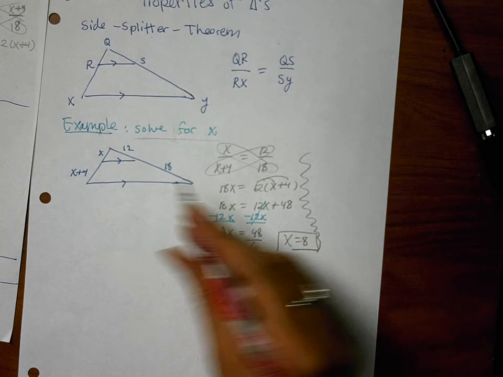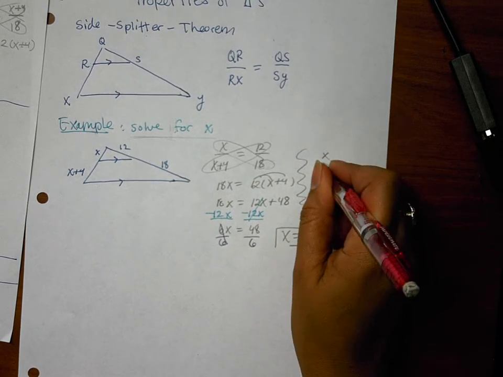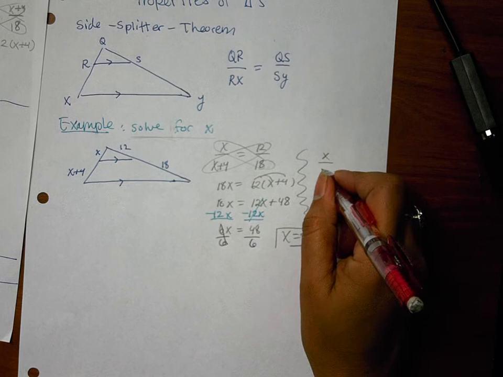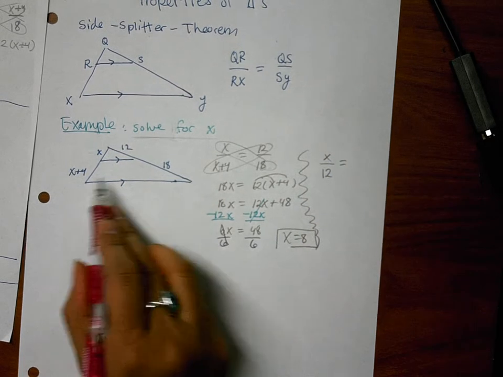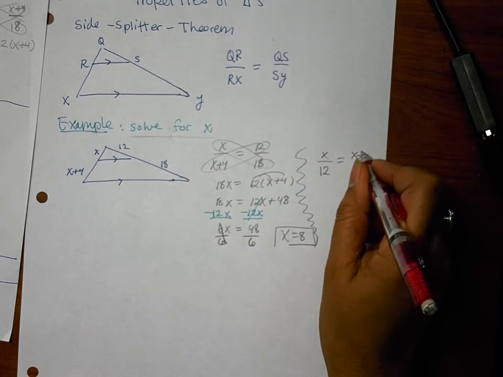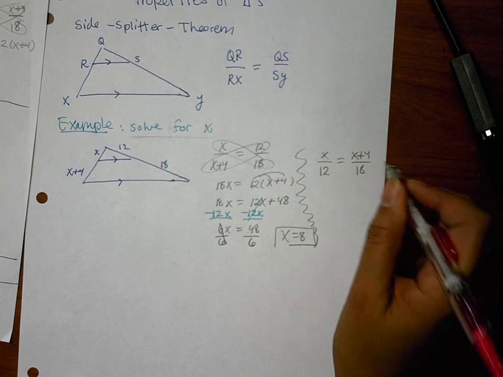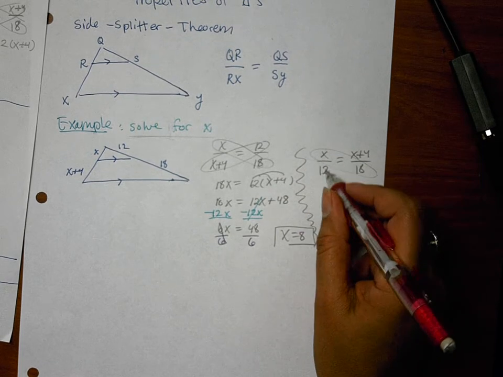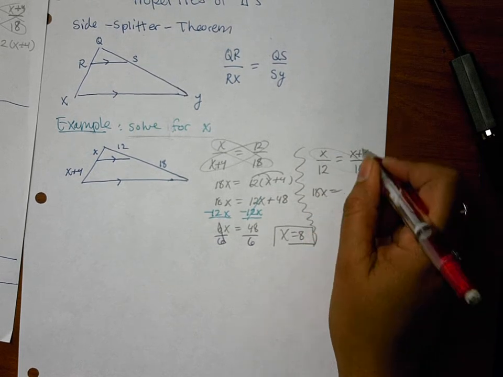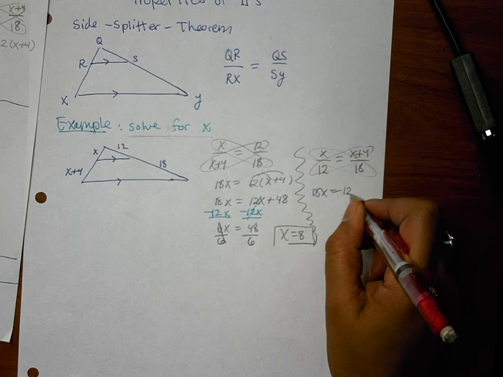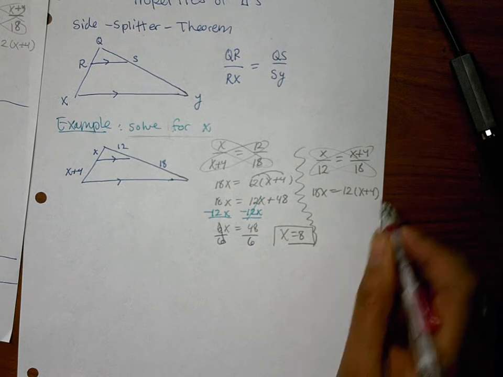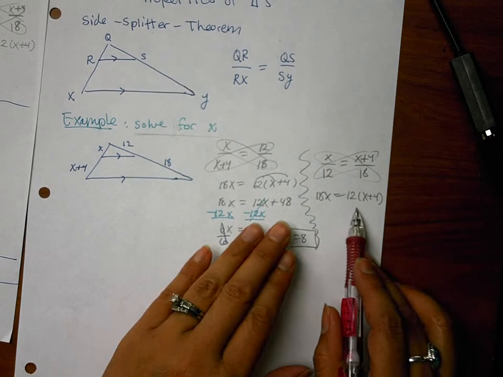Really quick side note, some kids will do it this way, and let's check if it works. X over 12 equals X plus 4 over 18. Cross multiply, we get 18X equals 12 parentheses X plus 4. I don't have to go any further to see that it is going to work.